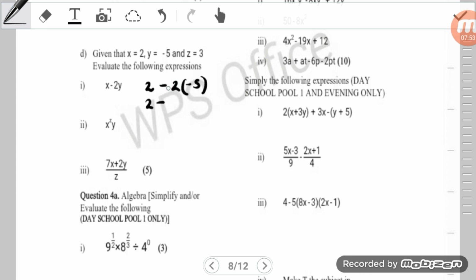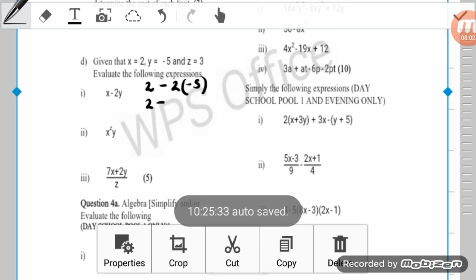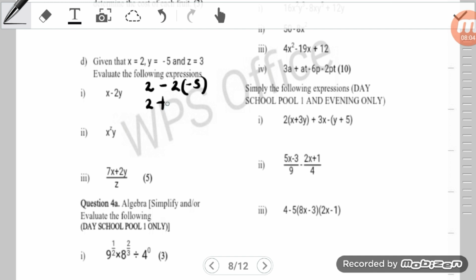So this is actually -2 that is multiplying -5, which works out to be +10, because a negative multiplied by a negative is a positive. And so 2 plus 10 is equal to 12. That was pretty easy. I found that a lot of my students did get that one correct.